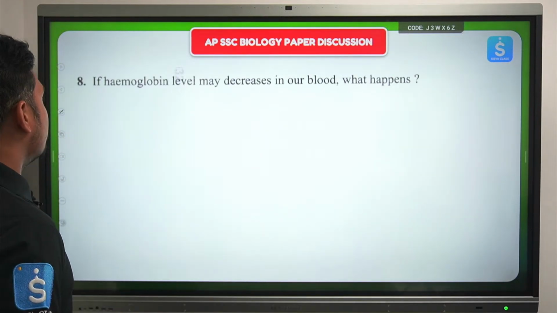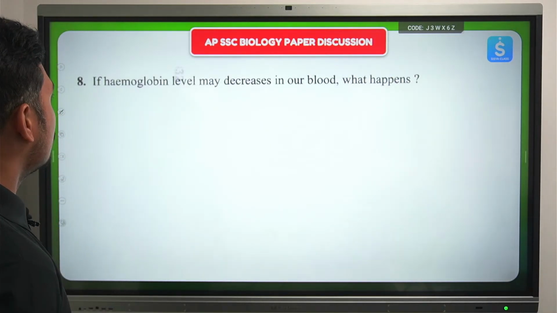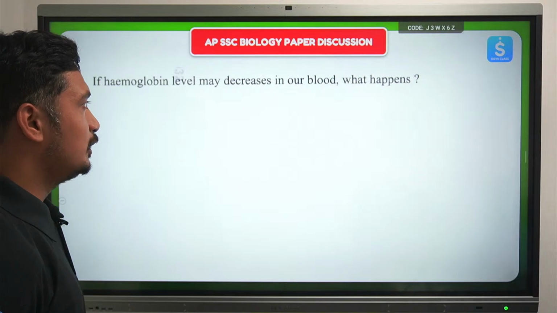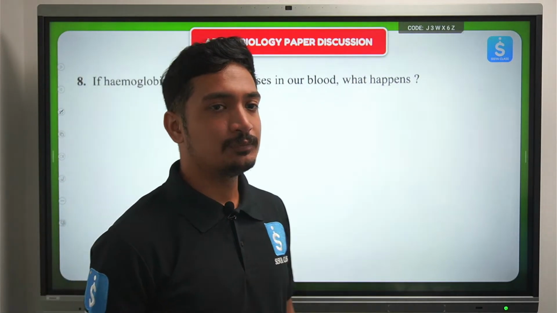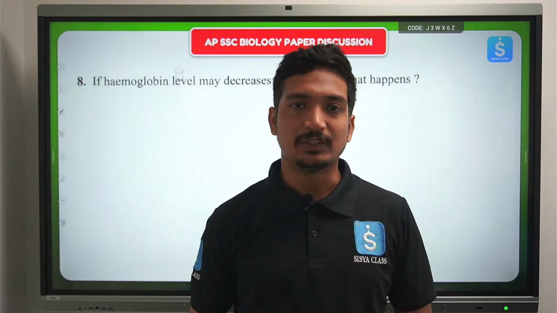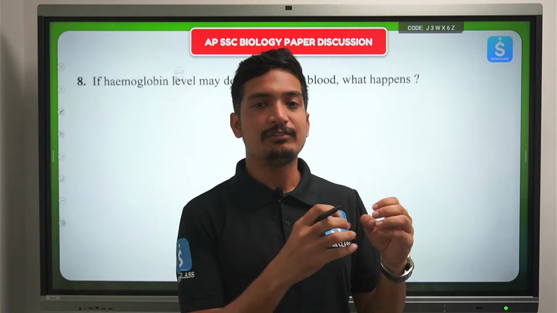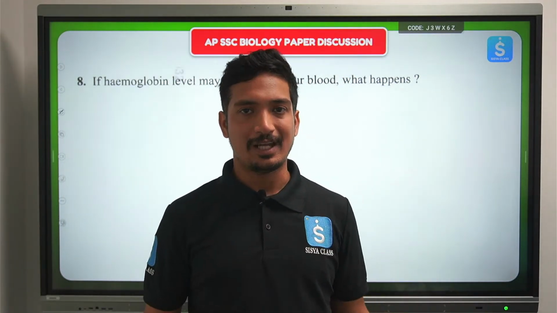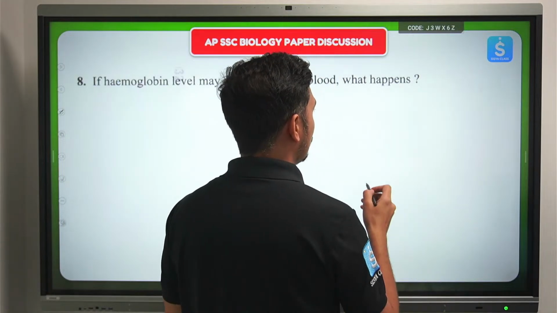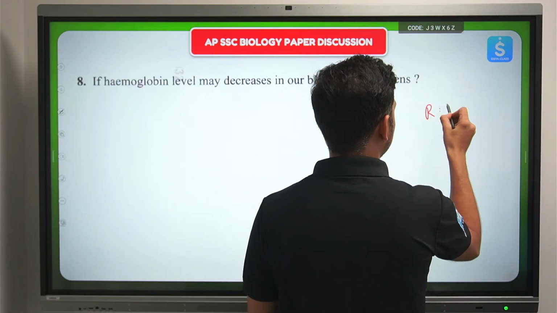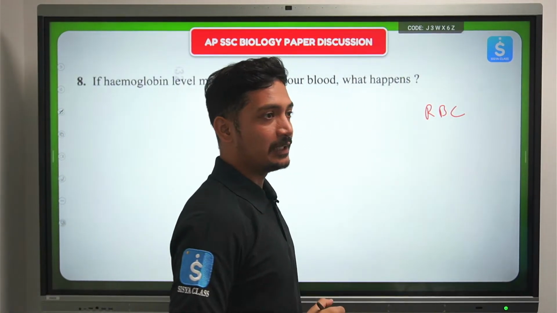Now the next question is, if the hemoglobin level decreases in our blood, what happens? First of all, we need to understand what hemoglobin actually does, and then we'll be able to understand what will not happen if hemoglobin is not there. Hemoglobin is present in the RBC, the red blood cell.